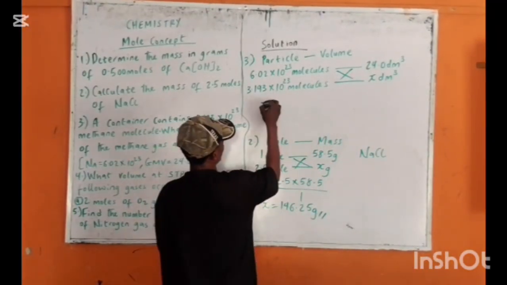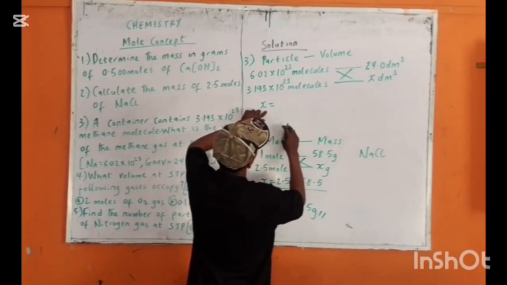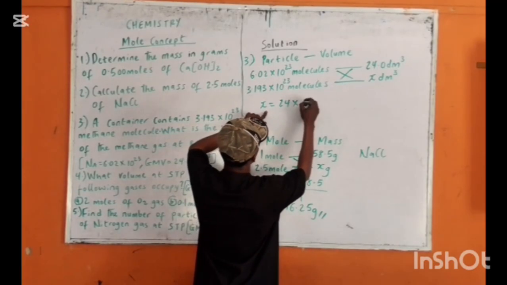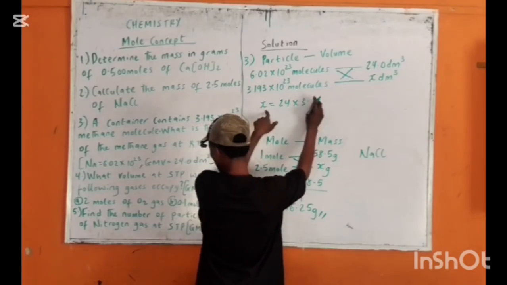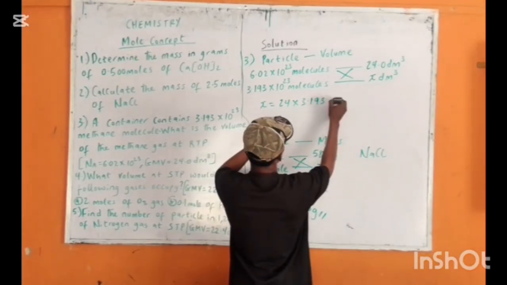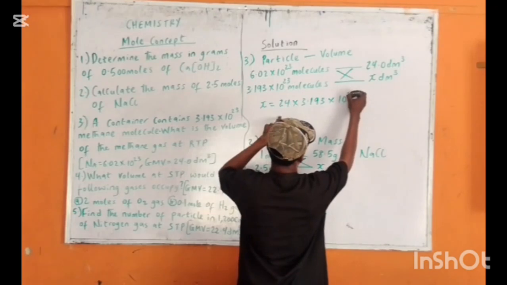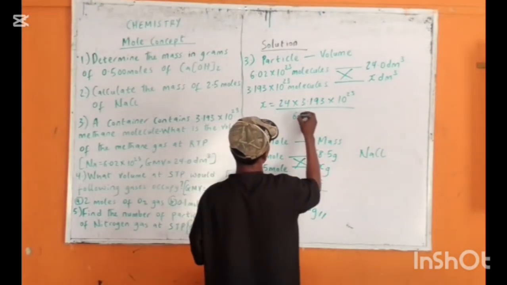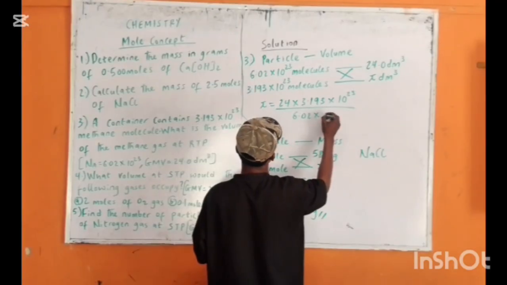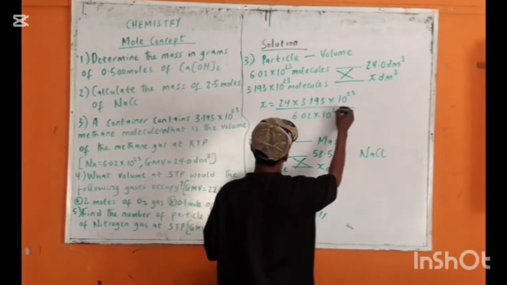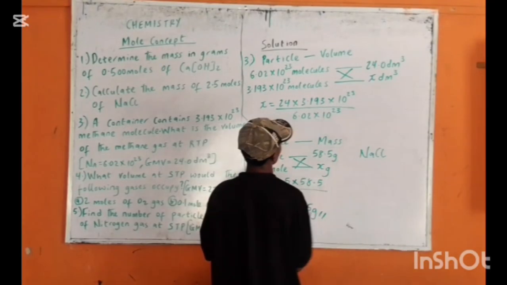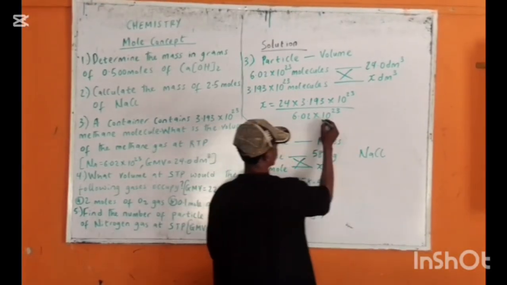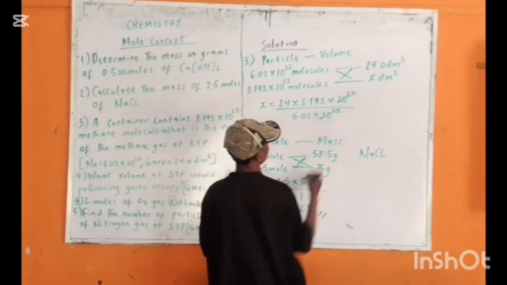So our X equals 24 multiplied by 3.193 times 10 raised to the power 23 over 6.02 multiplied by 10 raised to the power 23. So what's next in here? This cancels this.